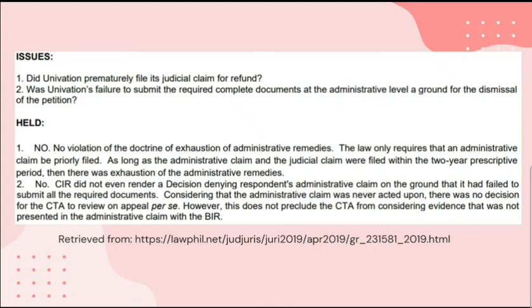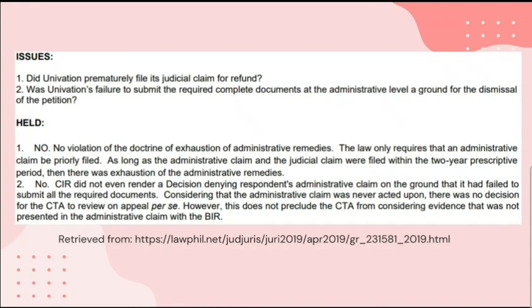Since Univision filed its administrative claim on March 12, 2012, which is the filing for the claim for refund or credit, and its judicial claim where Univision petitioned for review with the CTA on April 12, 2013, from March 12, 2012 and April 12, 2013, it is within the 2-year prescriptive period. Therefore, both of the respondent's administrative and judicial claim for refund were filed on time or within the 2-year prescriptive period provided by the law.